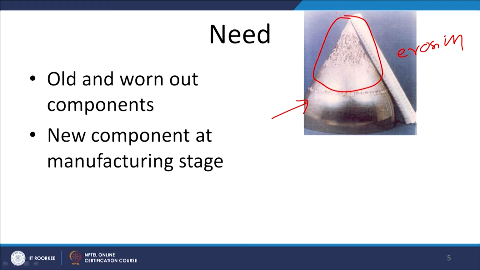So, it will be required to bring it back into service through surface modification in such a way that the loss of material from the surface takes place gradually at a lower rate. This is the case where surface engineering of the component is done on the worn-out or old component, so that it can be brought back into application while offering service for a longer period.